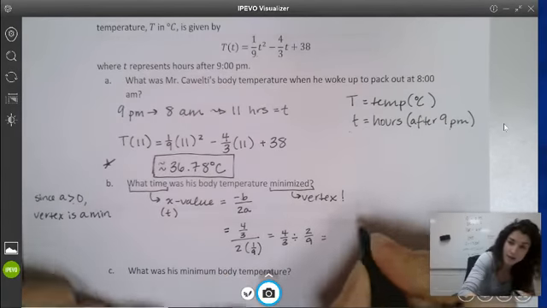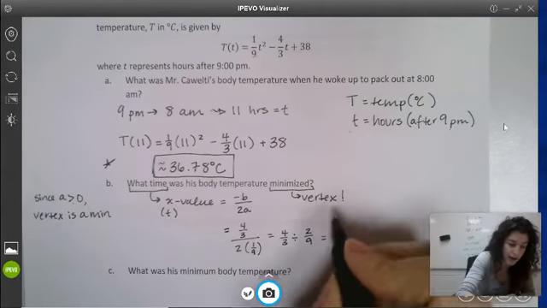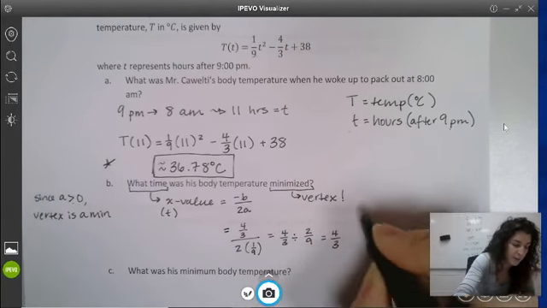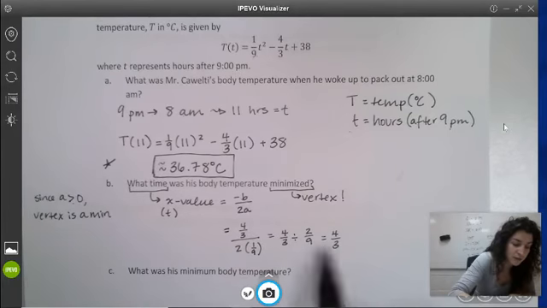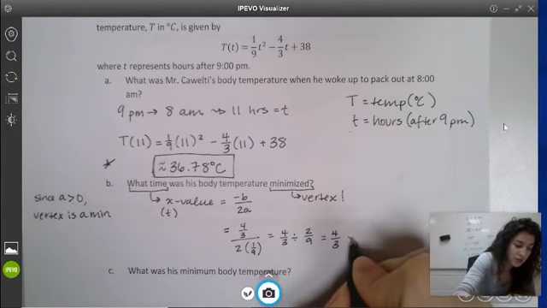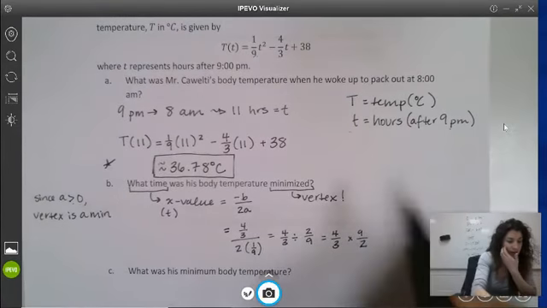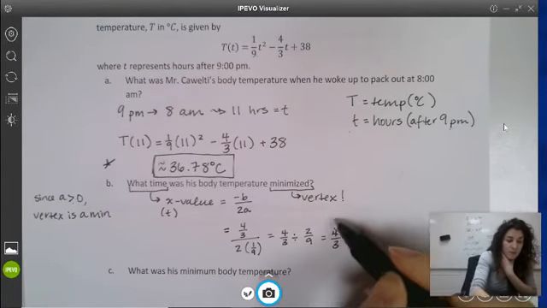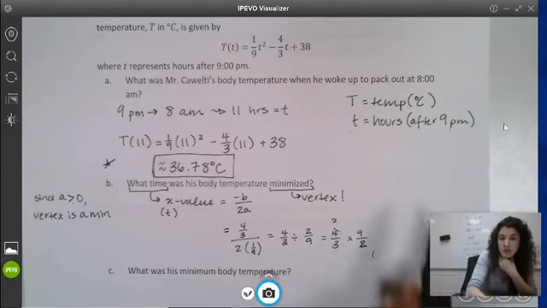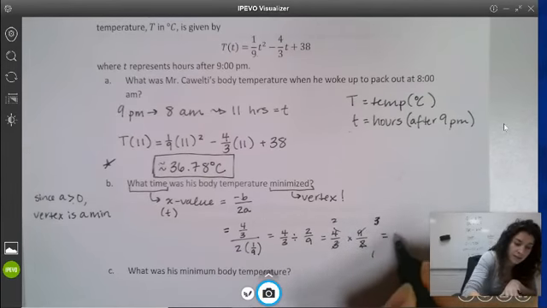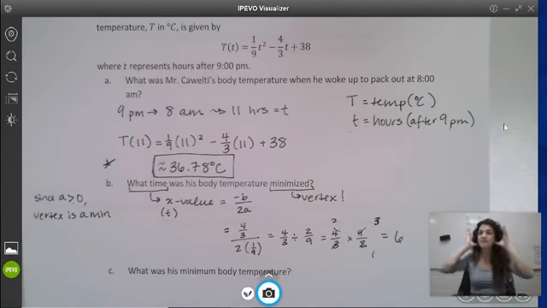I know dividing fractions becomes copy dot flip, or keep change flip. You keep the first fraction, you change that division to multiplication, and you flip that second fraction. I could even simplify before I multiply. That 4 and 2 simplify down, the 3 and 9 simplify down, and I'm left with 6.